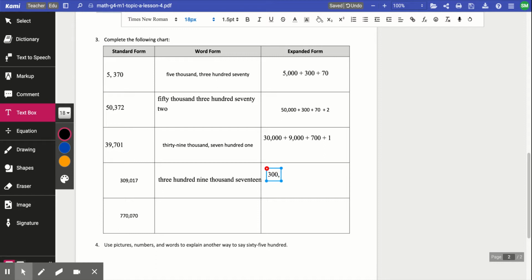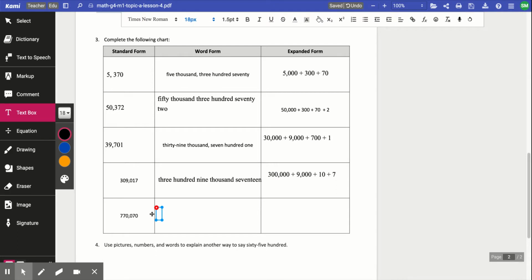That's 300,000 plus 9,000 plus, that's a 10, plus a 7. I'm just going to do a quick check. 300,000, 9,000, 10, and 7. Great. We're doing awesome.